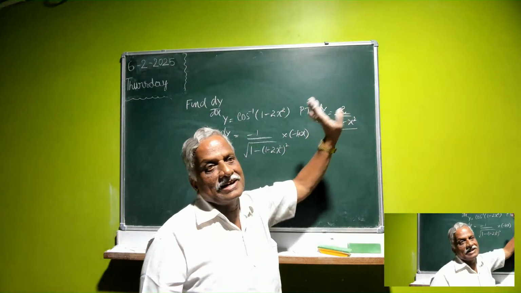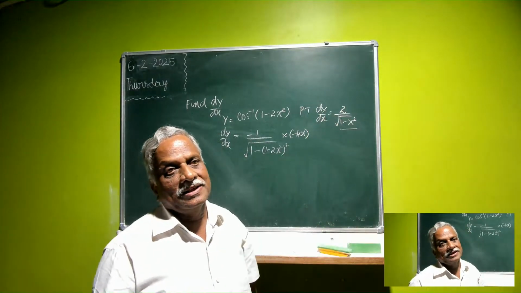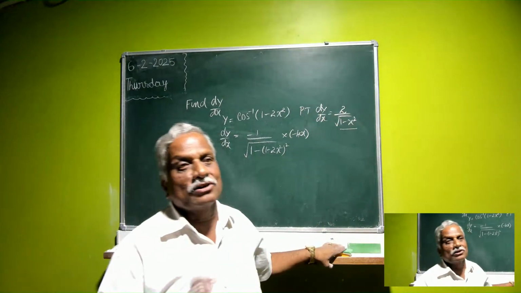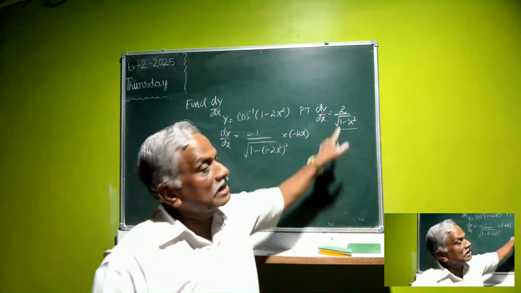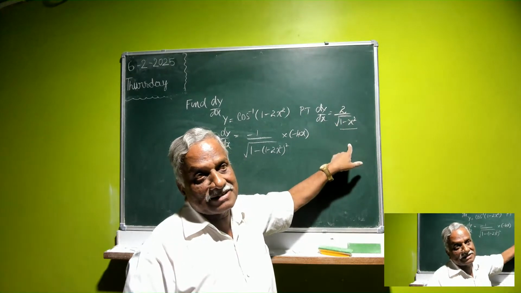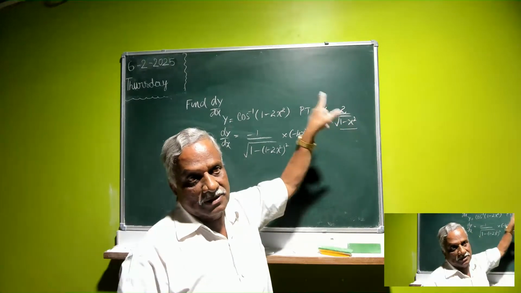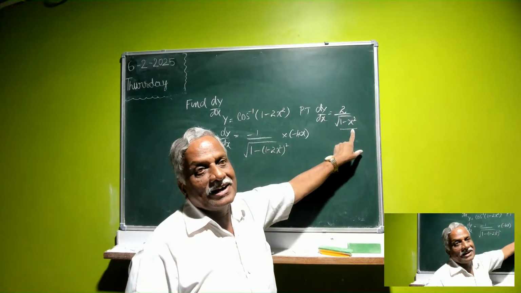Leave that constant as it is, 1 over root of 1 minus x square. In fact, it is sine only, not cos, because cos differentiation gives minus sine. When there is no minus sign, it must be sine. Because sine inverse x on differentiation gives 1 over root of 1 minus x square. So you are getting a hint.